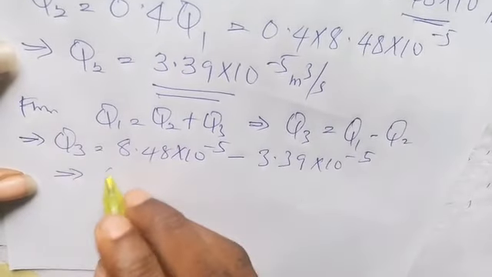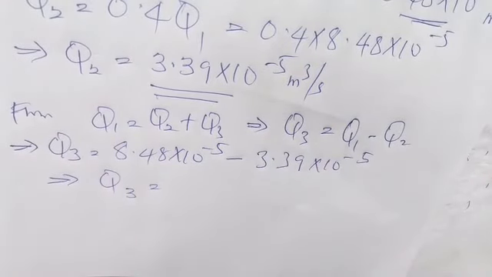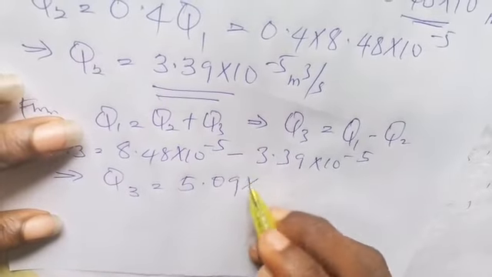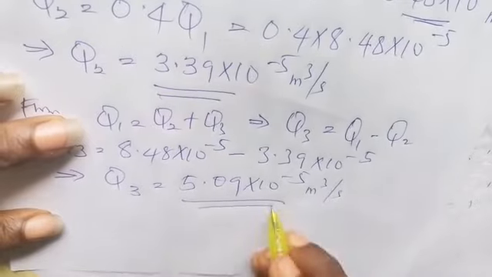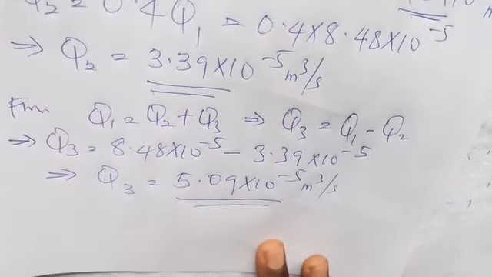So the third discharge Q3 is 8.48 exponential minus 5 minus 3.39 exponential minus 5. That gives us 5.09. Q3 equals 5.09 by 10 to the power of minus 5 meter cube per second. So that becomes the three discharges through the pipe.